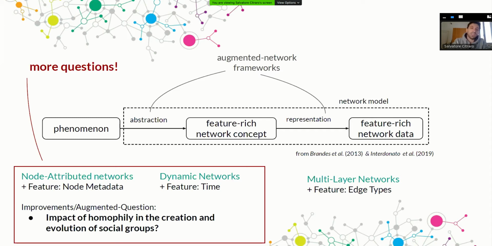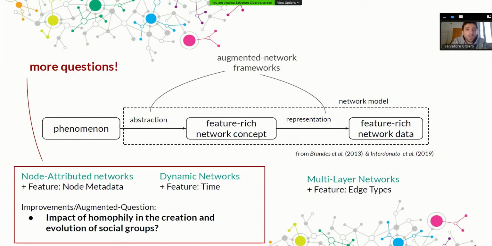For instance, if we have information not only on node metadata, but also on time-varying paths, so if we have also a dynamic network, we can study, for instance, the impact of homophily in the creation and the evolution of social networks.